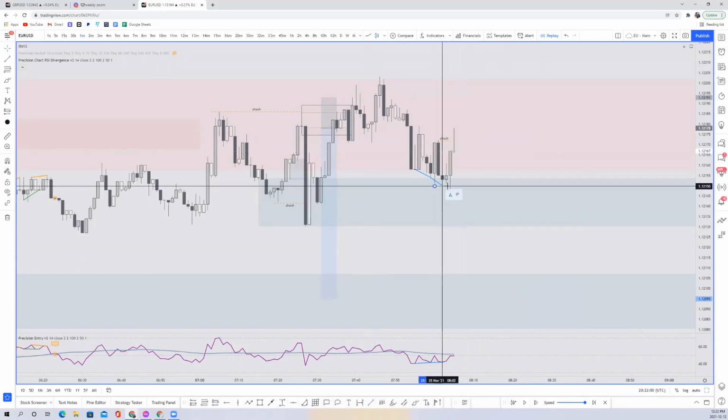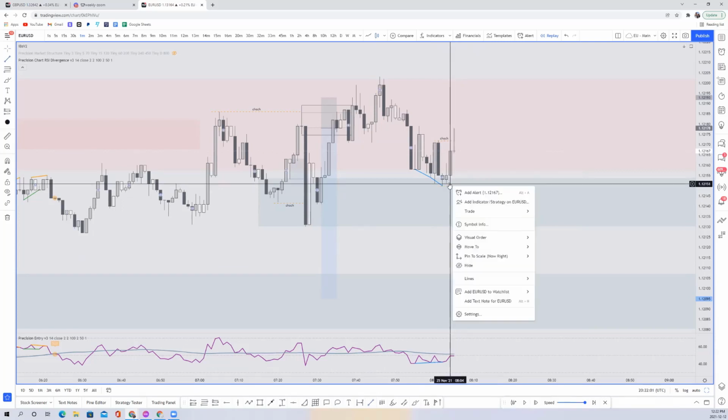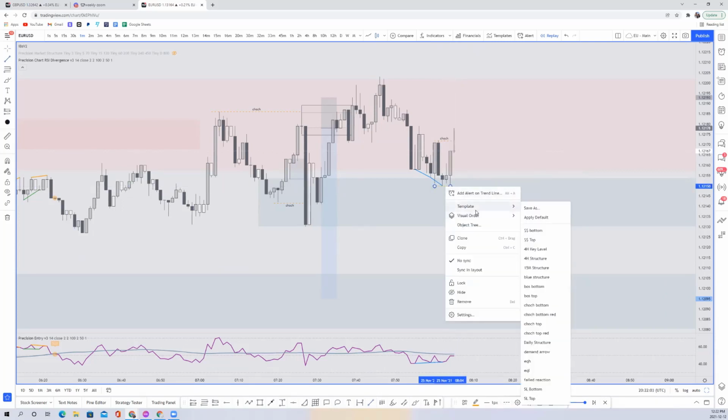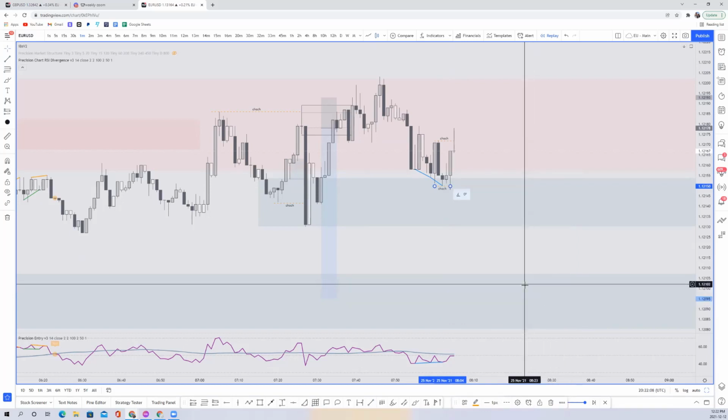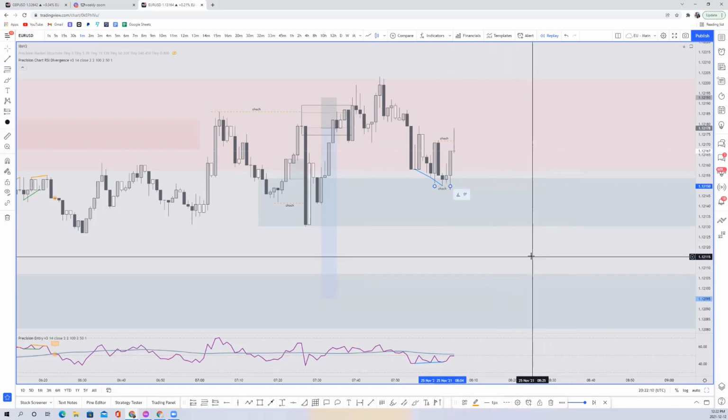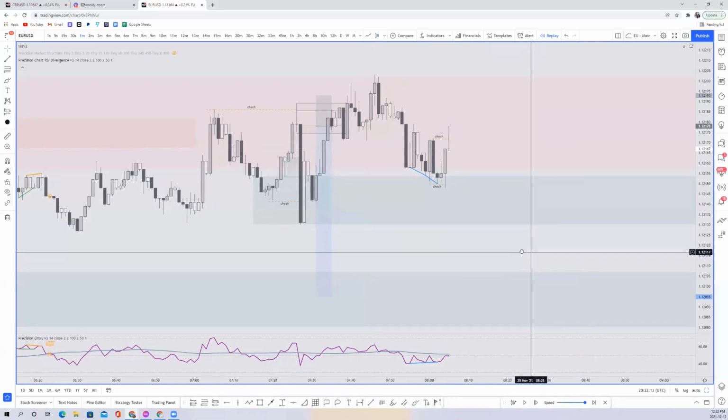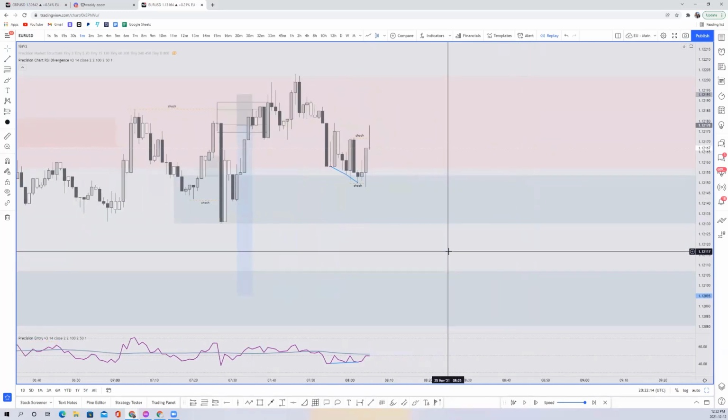I'm not a fan of the orange. And we'll go chalk bottom. Okay. So just looking at that, let's see. We'll just put this forward.